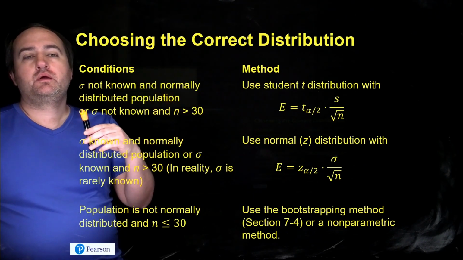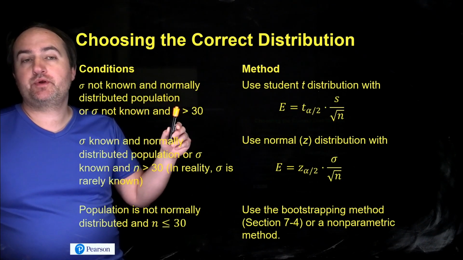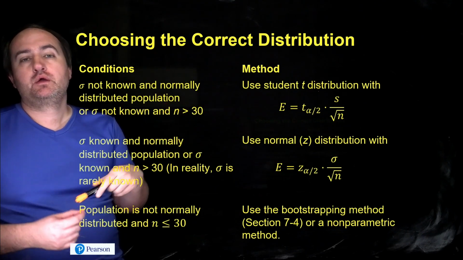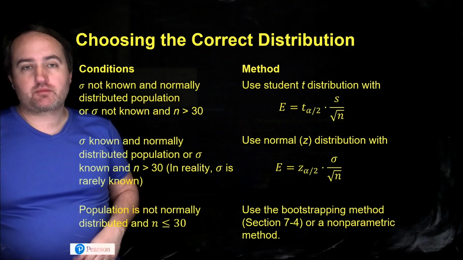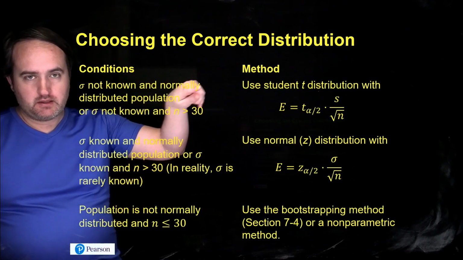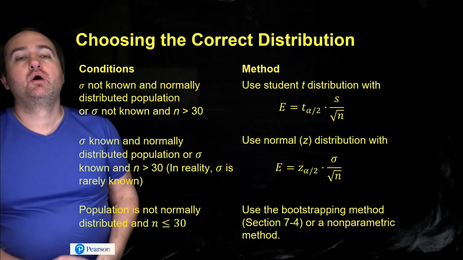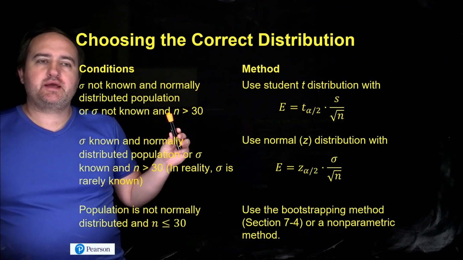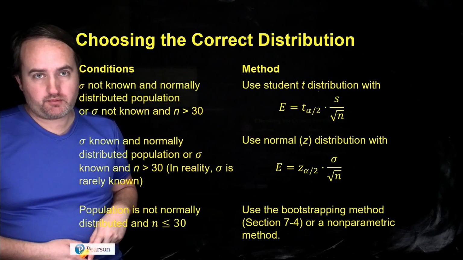And then we can determine whether we have a normally distributed population or not just by doing a scatter plot and seeing if the dots basically follow a straight diagonal line. Or sigma is not known and n is greater than 30. If n is greater than 30, then we can use the central limit theorem.